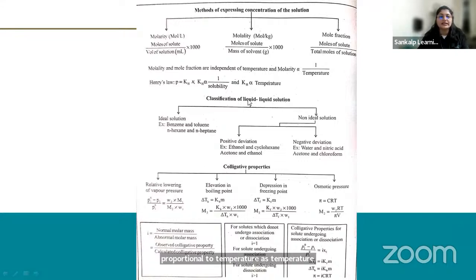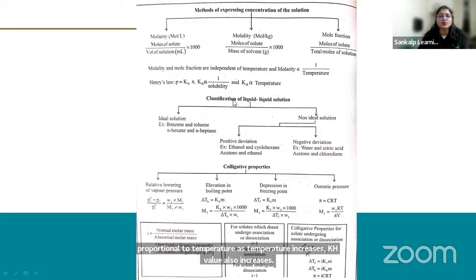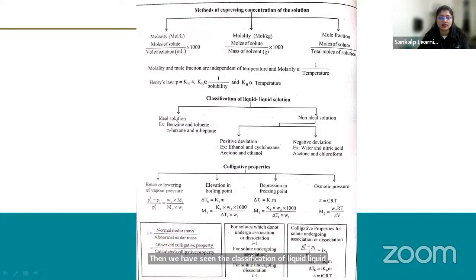Then we have seen the classification of liquid solutions. Ideal solutions are those which obey Raoult's law. Non-ideal solutions are those which do not obey Raoult's law. Examples of ideal solutions are benzene and toluene, and n-hexane and n-heptane, which are hydrocarbons.